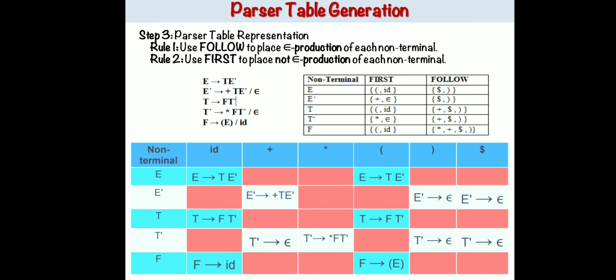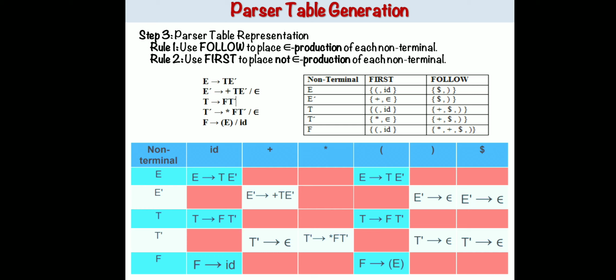After that we consider the non-terminal T. First of T does not contain any null. So we will write the production T arrow F T dash in ID, and T arrow F T dash in the open bracket place. Then T dash, where T dash contains null. So if T dash contains null, then we will consider the follow of T dash.